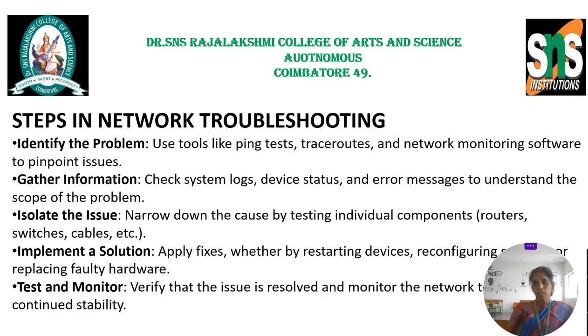So we have to take more care over that particular process. Implement a solution. After finding the problem, we have to give a proper solution for that network problem. This can be restarting a device or reconfiguring the networking models. So this will improve the performance of the network once we implement a proper solution.